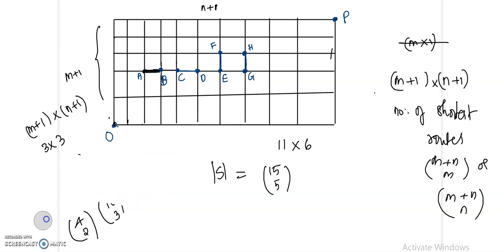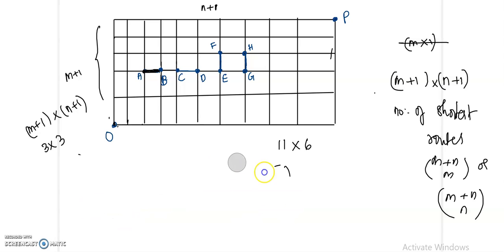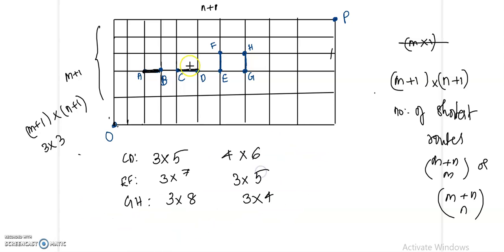Now let us find omega of P2. Omega of P2, it must pass through the line CD. So first it goes through the grid from O to C, then through the grid from D to P. O to C is a 3/5 grid, then D to P is a 4/6 grid.